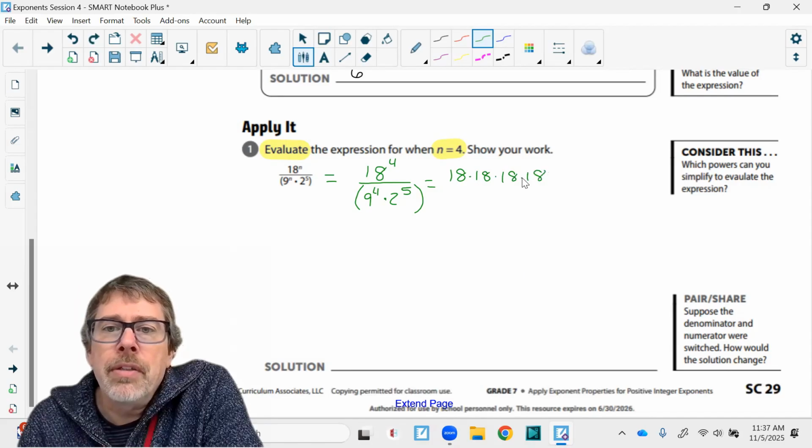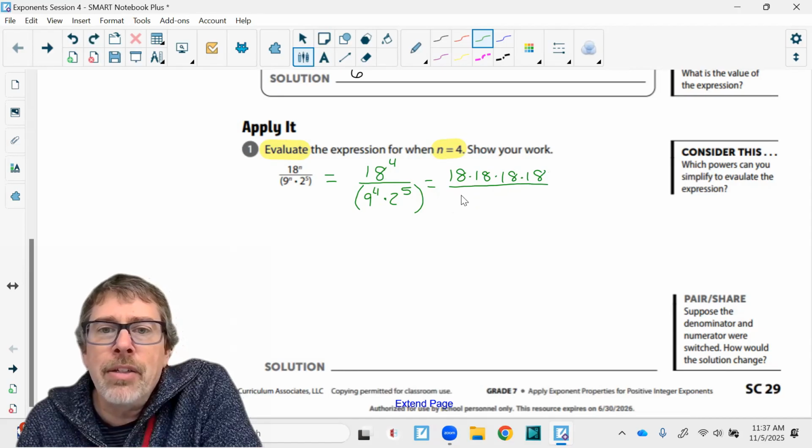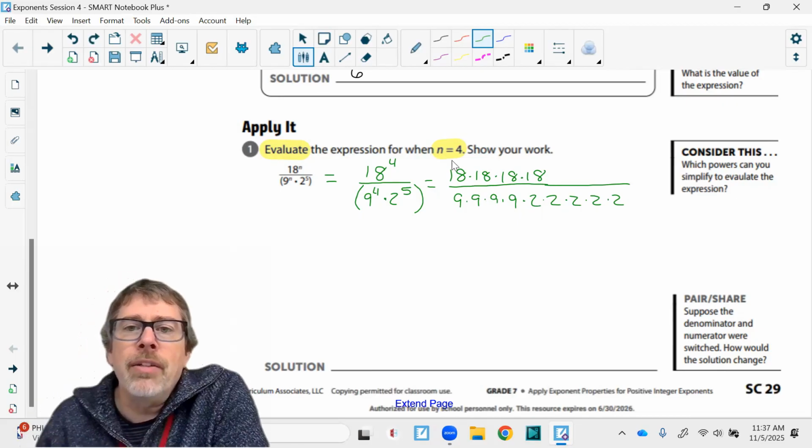So that's what this is. 18 to the 4th power over, and we have 9 and 2, which is 18. 9 times 2 is 18, so 9 to the 4th power would be 9 times 9 times 9 times 9, and 2 to the 5th is 2 times 2 times 2 times 2 times 2. So 1, 2, 3, 4, 5 twos, 1, 2, 3, 4 nines.